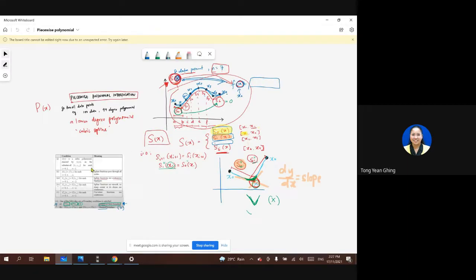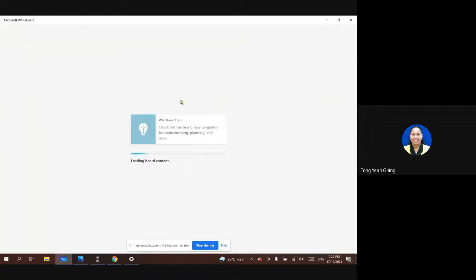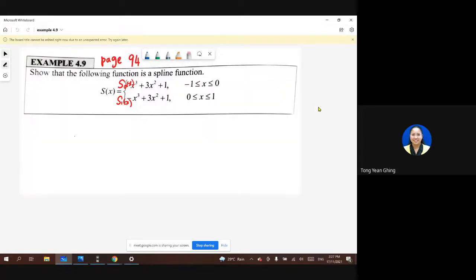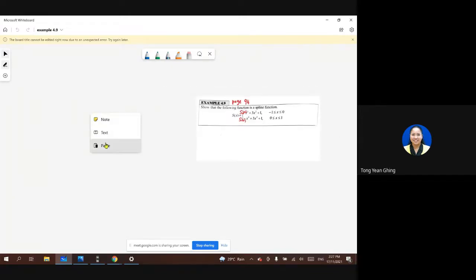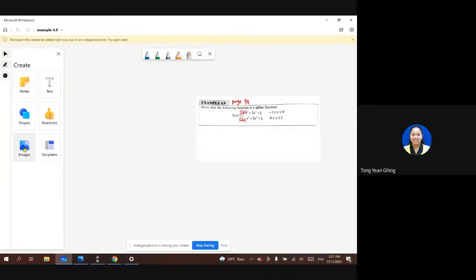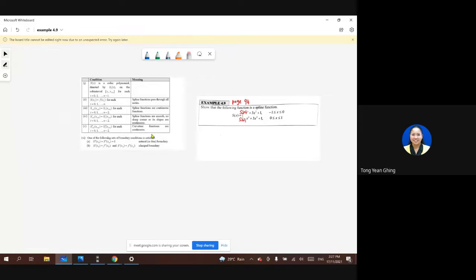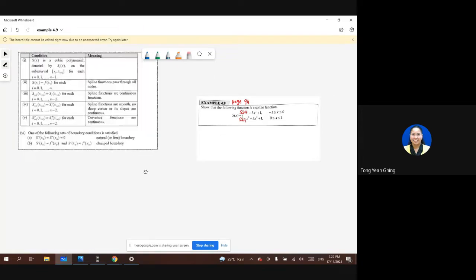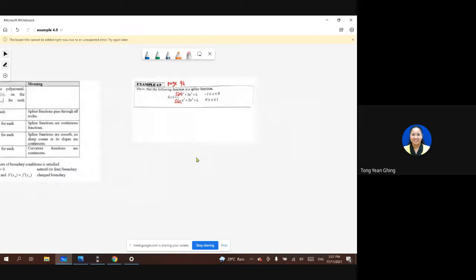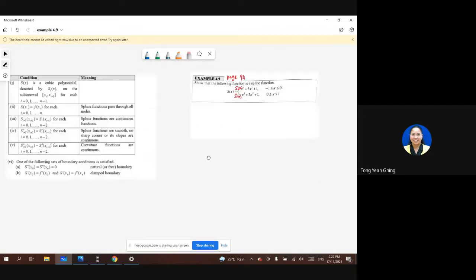Example 4.9. Okay, this is the condition from just now.